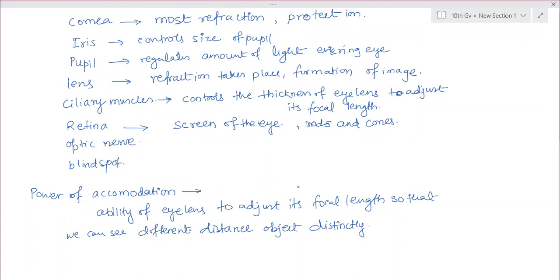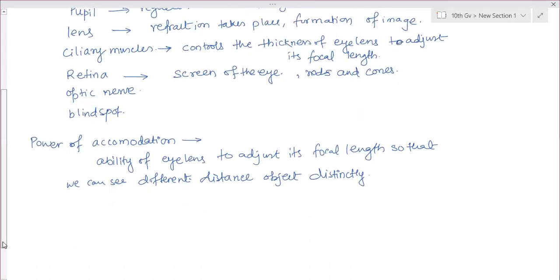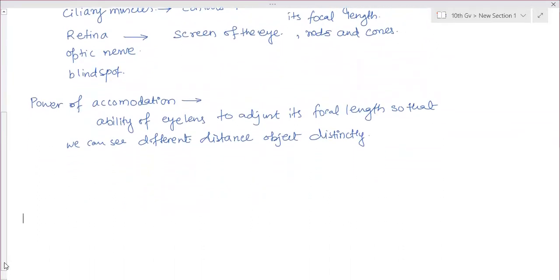Now to see distant objects, what changes have to be done? Ma'am, the ciliary muscles relax to increase the focal length, and the lens becomes thinner and we can see distant objects clearly. First point, ciliary muscles relax.